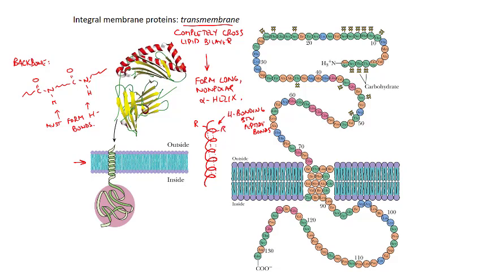But then we have our side chains sticking out all around the perimeter of our helix. And as long as these side chains are nonpolar, they can easily interact with the fatty acid chains. And there's no loss of energy because they don't have to hydrogen bond with anything. They're just comfortable being away from water.